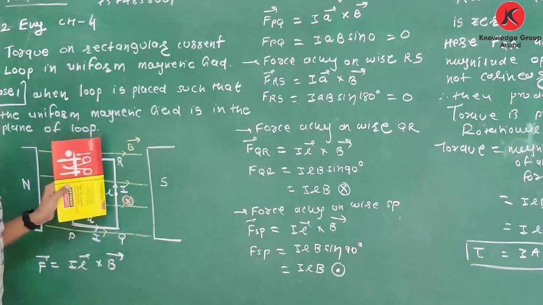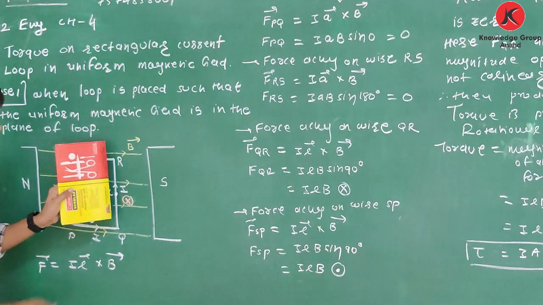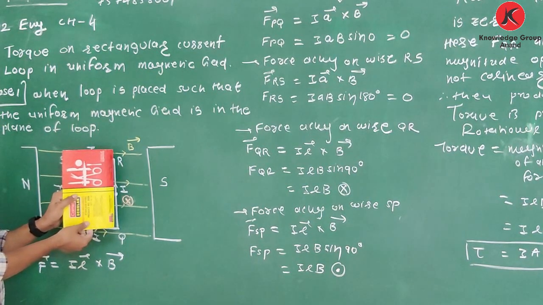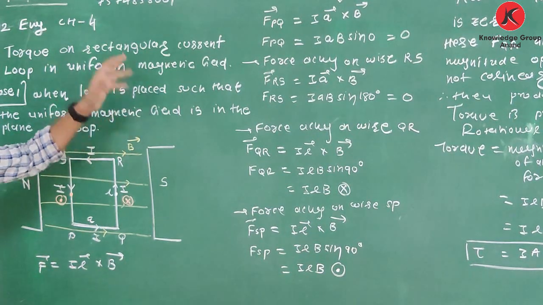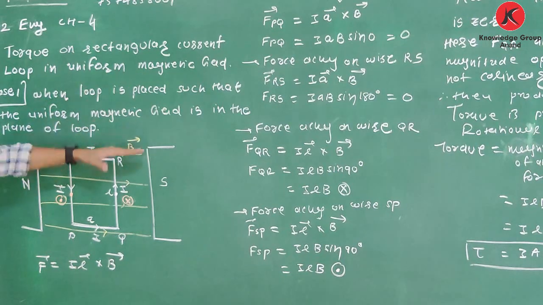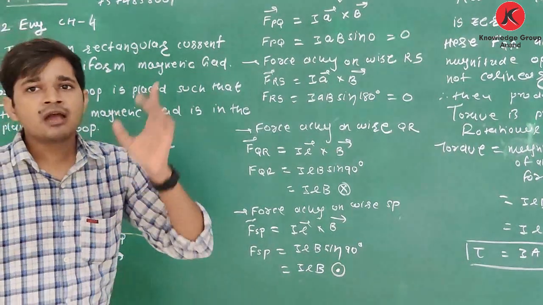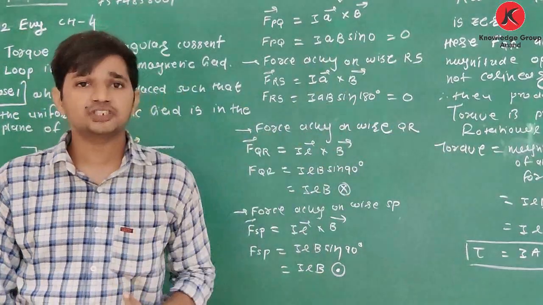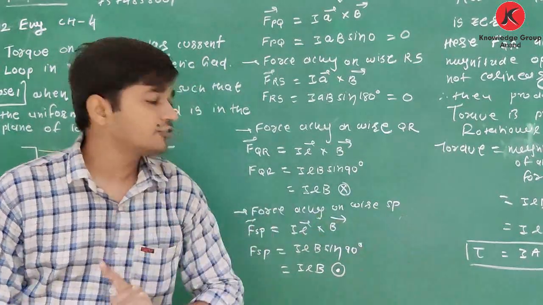Can we use this equation? No, we cannot use this equation. For this case, we have to obtain a different equation. That is case 2, when the loop is not in the plane of the magnetic field. It is the general equation. In that equation, if I put some value, I will get the earlier result.